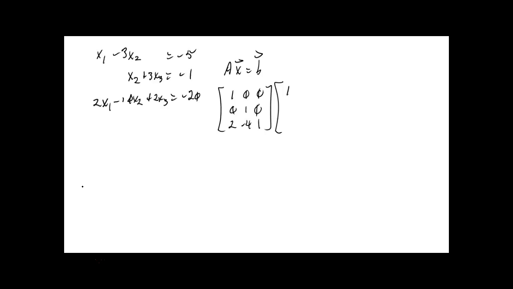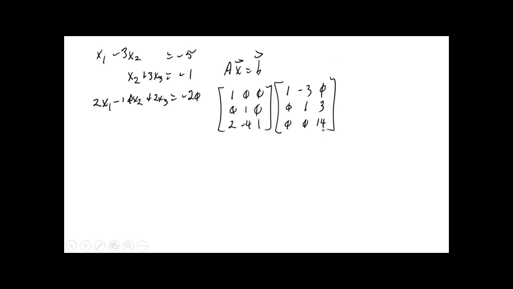Oh wait, I'm looking at the wrong thing. I guess they didn't write them out here, did they? Okay, tell me. 1, negative 3, 0; 0, 1, 3; and then 0, 0, 14.